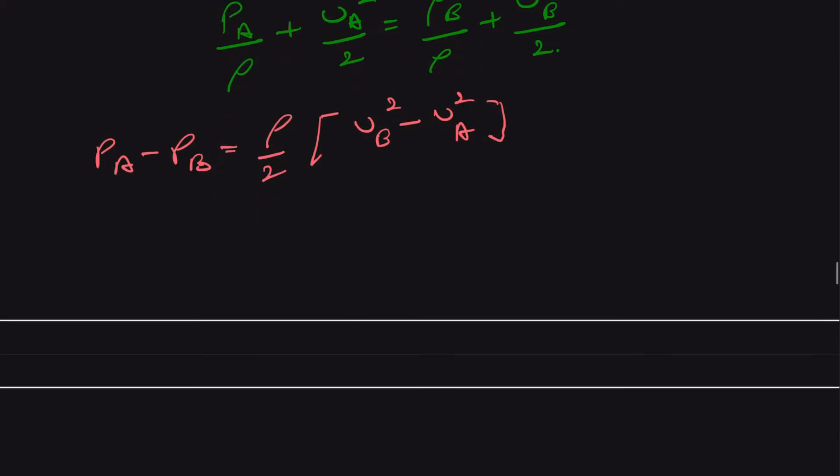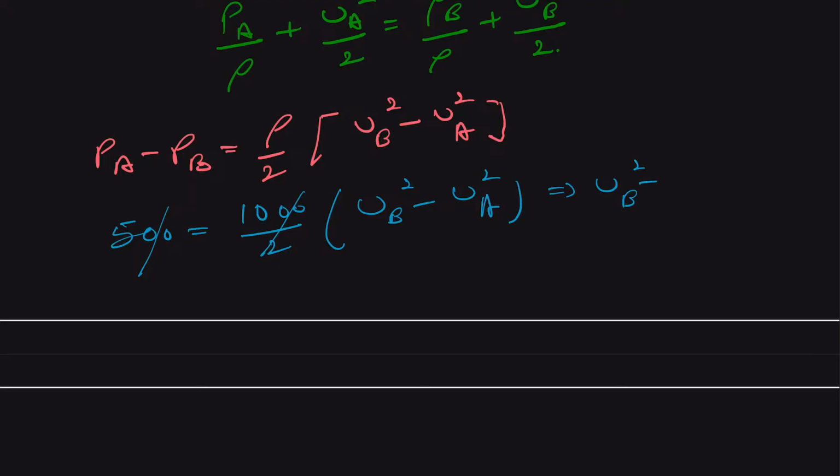So 500 is equal to 1000 upon 2 times VB square minus VA square. So these cancel out, and we get VB square minus VA square equal to 1.